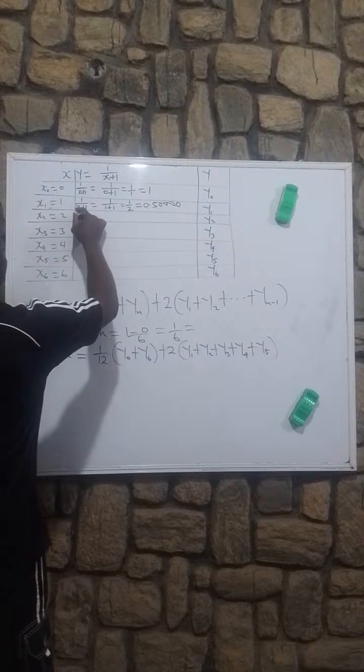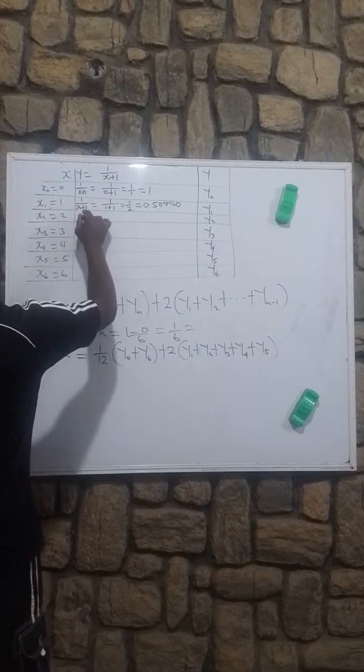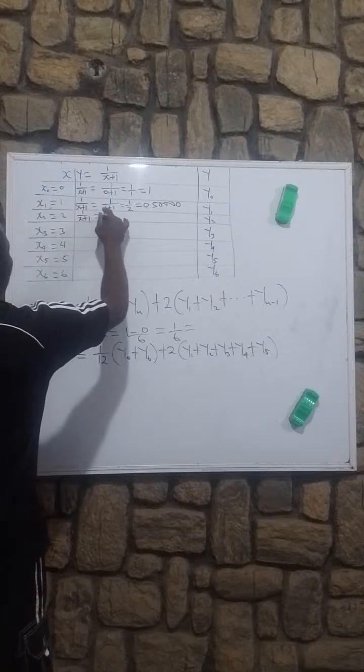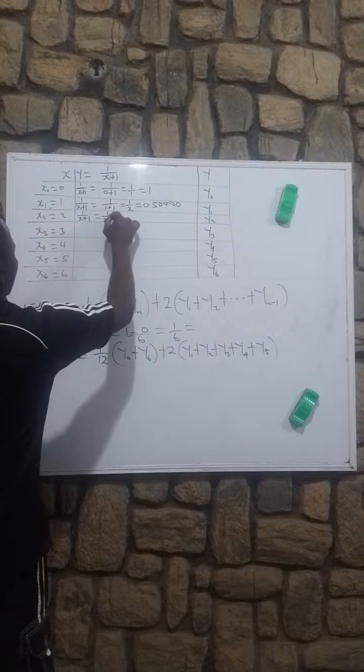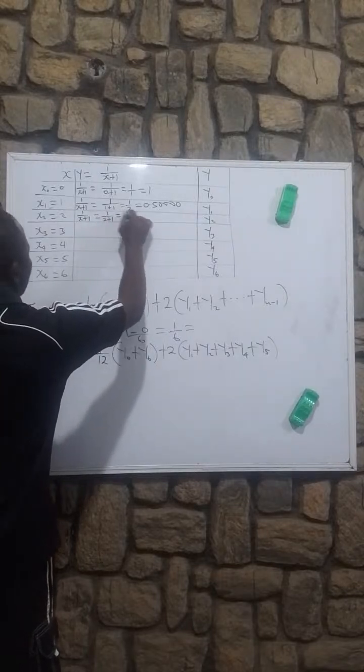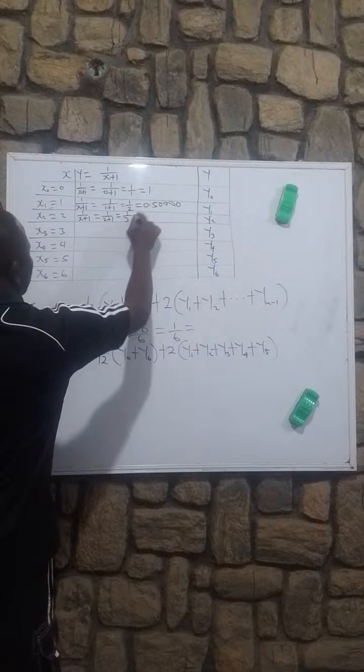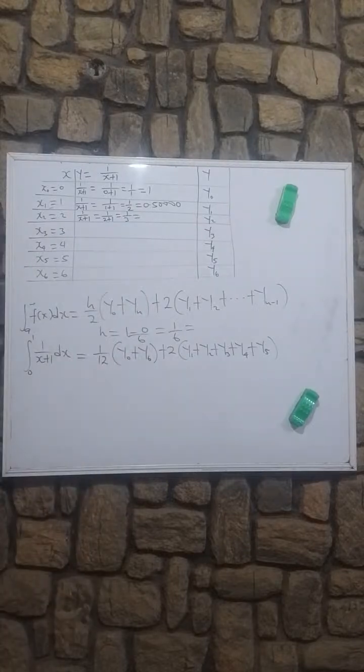Let's consider this. 1 all over x plus 1 is equal to 1 all over 2 plus 1, which is equal to 1 all over 3. So 1 all over 3 is what? 0.3333, right?